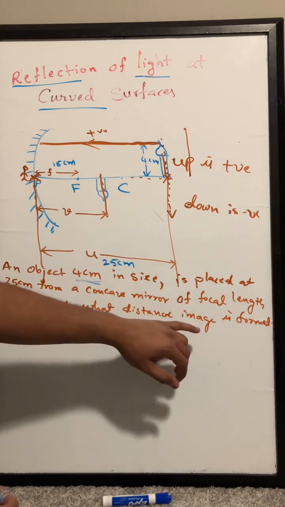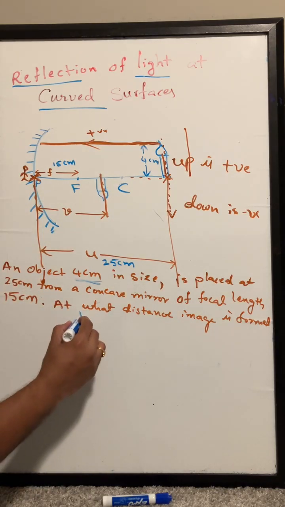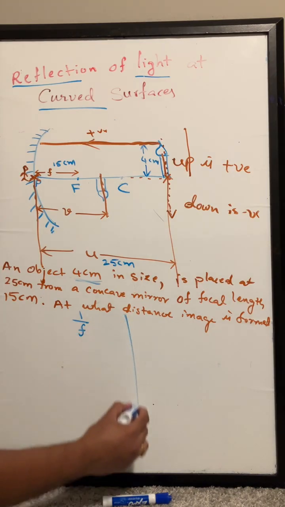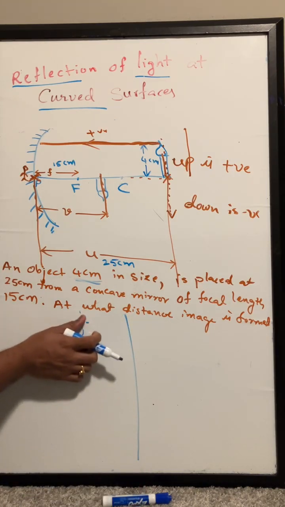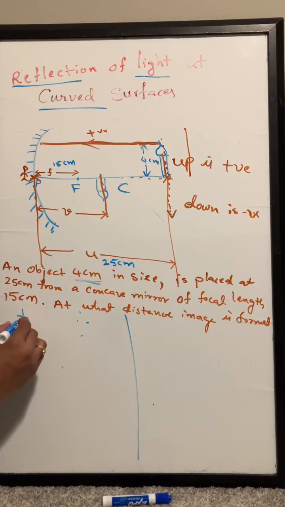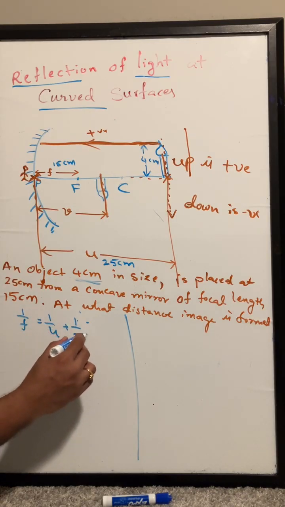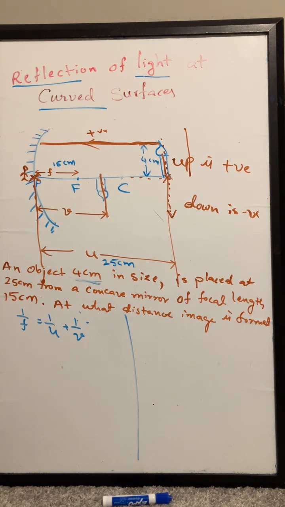At what distance is an image formed? We know the formula, so first we can write it. I don't know whether the space is sufficient or not, so first I'll make it into half. 1 by f equals 1 by u plus 1 by v. We know this formula. It's not about placing the numbers. If this question is given for 2 marks or 4 marks, he's not testing your mathematics skills on this one.